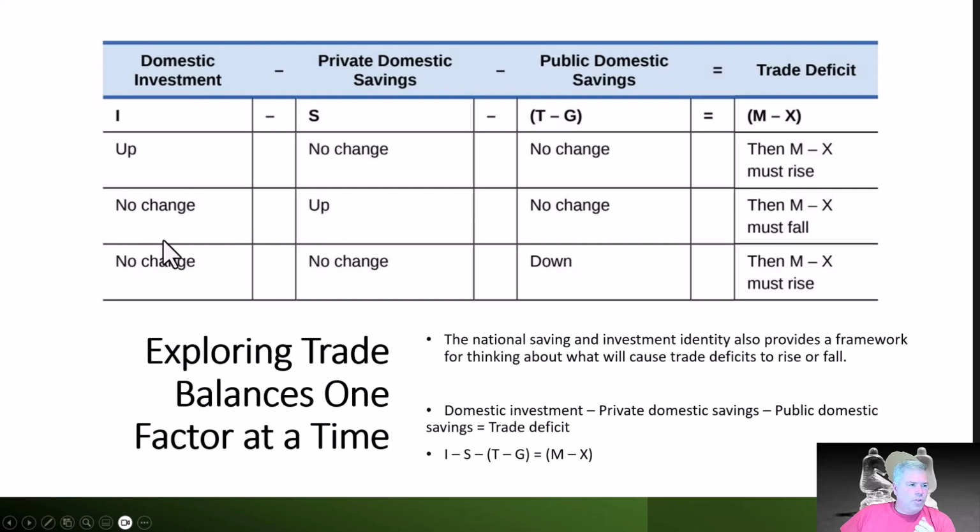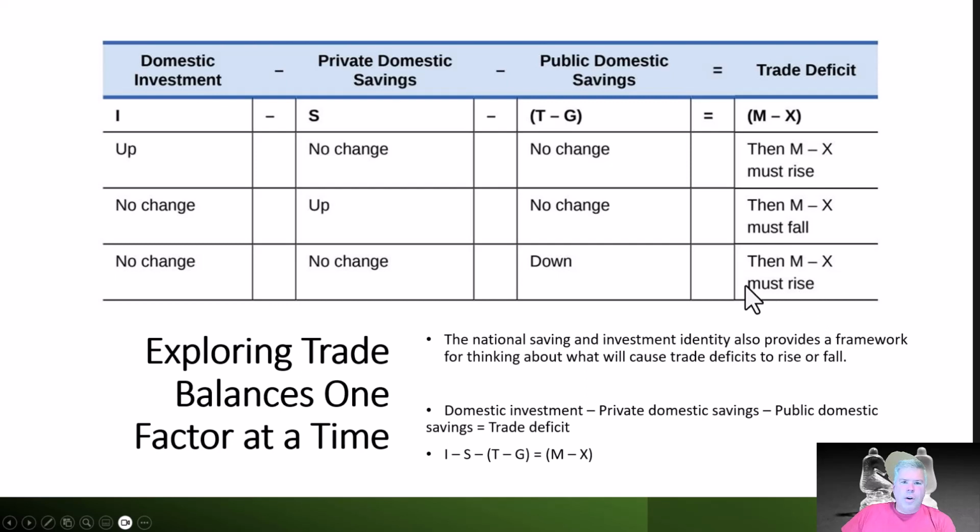If there's no change in domestic investment, private domestic savings is going up and public domestic savings isn't changing, then the trade deficit has to be falling. And if there's no change in domestic investment, no change in private domestic savings, and public domestic savings is going down, so the budget deficit is rising, then imports minus exports, the trade deficit, must also be rising.